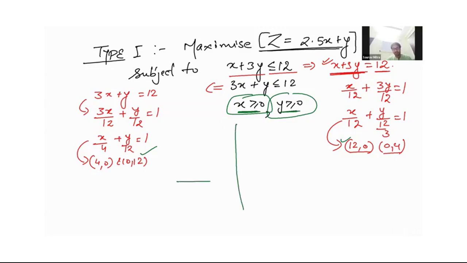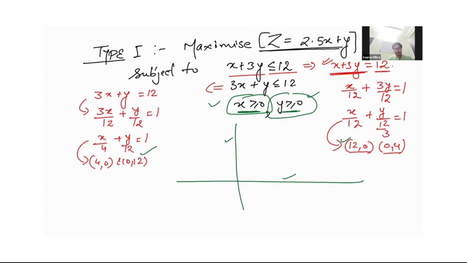This is the quadrant in which both x and y are positive. So x greater than 0 and y greater than 0 only represent that our graph should be in this quadrant, in this area. This is the area where we will draw the graph.